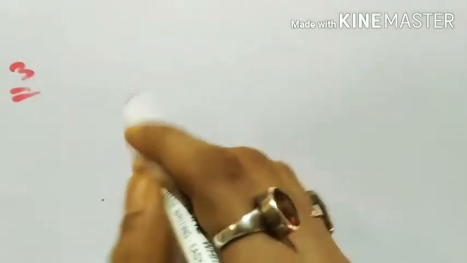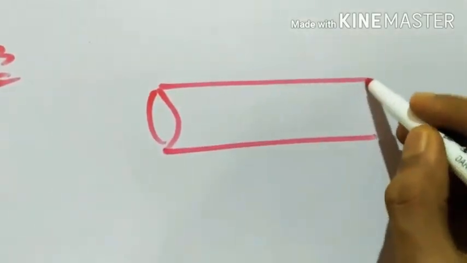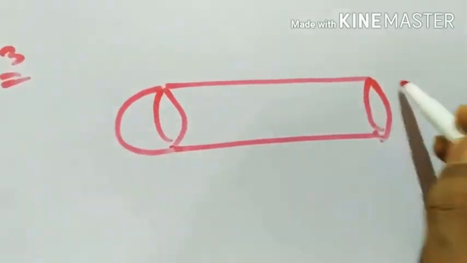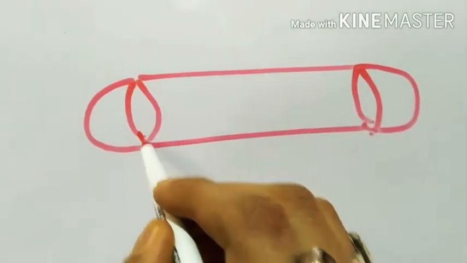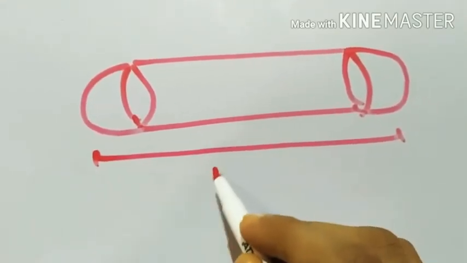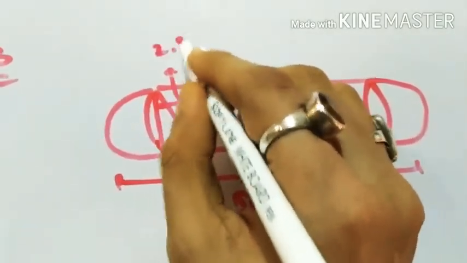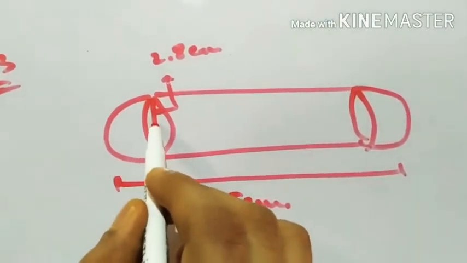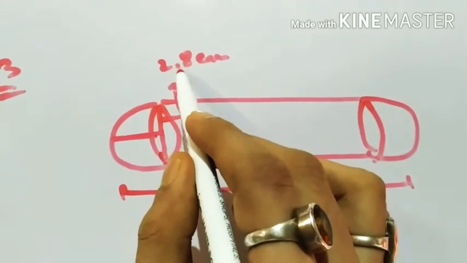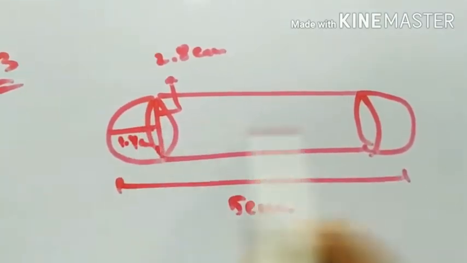The gulab jamun is shaped like a cylinder with two hemispherical ends, with length 5 cm, the whole length, and diameter 2.8 cm. So the radius of this hemisphere will be 2.8 divided by 2, I will get 1.4 centimeter. Radius will be 1.4 centimeter.